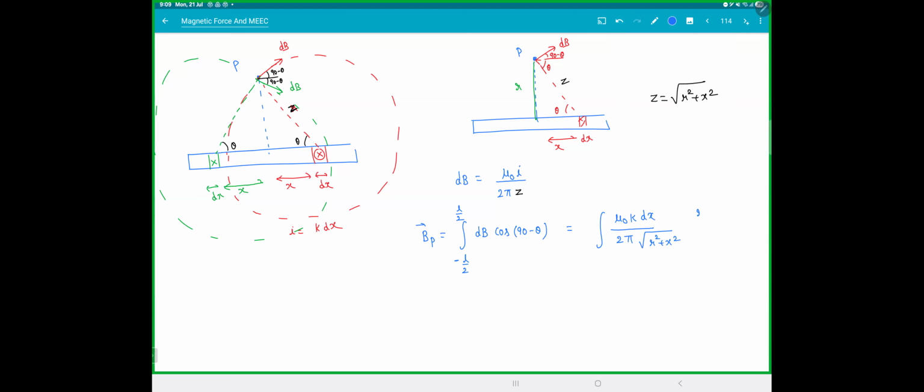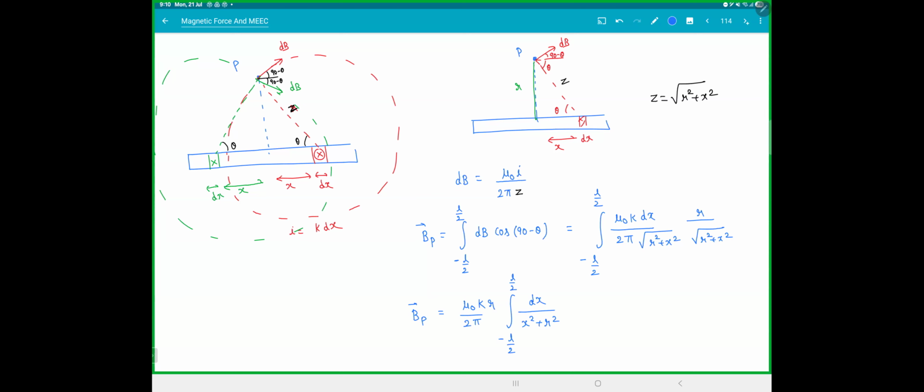Sine theta is R by root over R square plus X square. This will be mu naught k by 2 pi R integral dx by x square plus r square. That is nothing but 1 by r tan inverse x by r, isn't it?